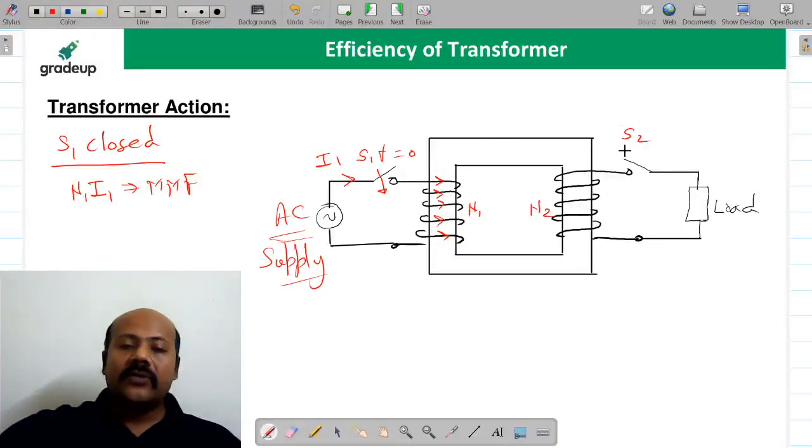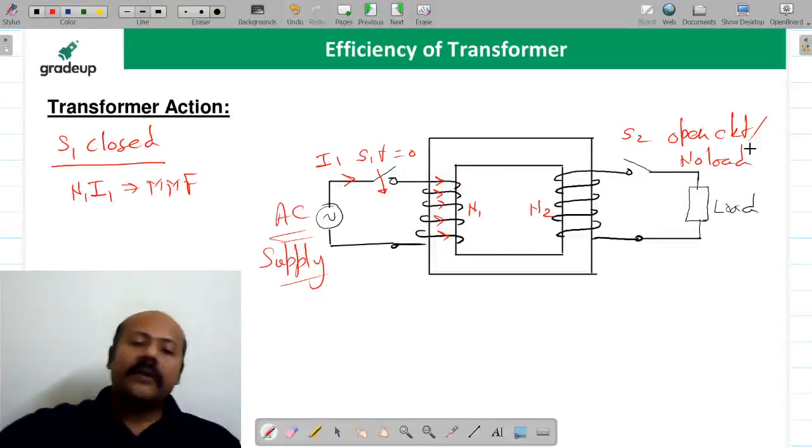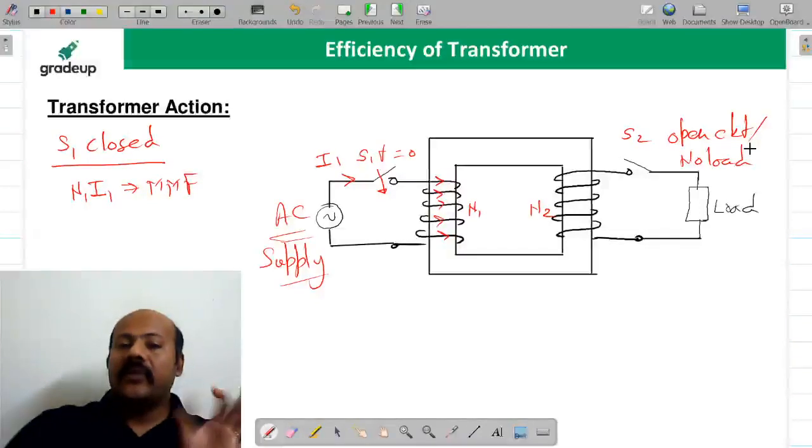Now this switch is not closed. This switch is open. So it is the open circuit, or you can say no load condition. Whenever there is a load, you will always characterize load in terms of current.